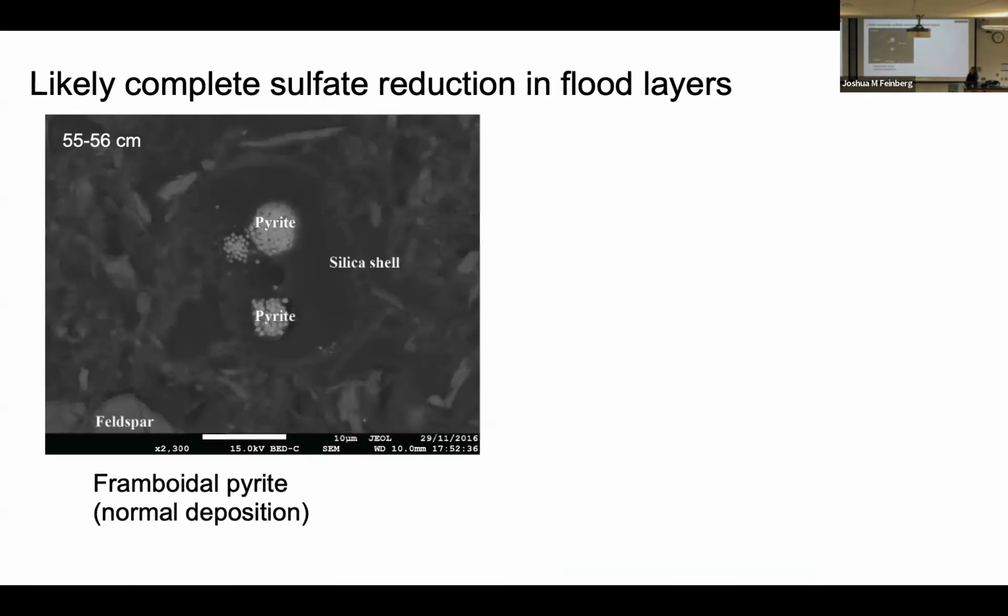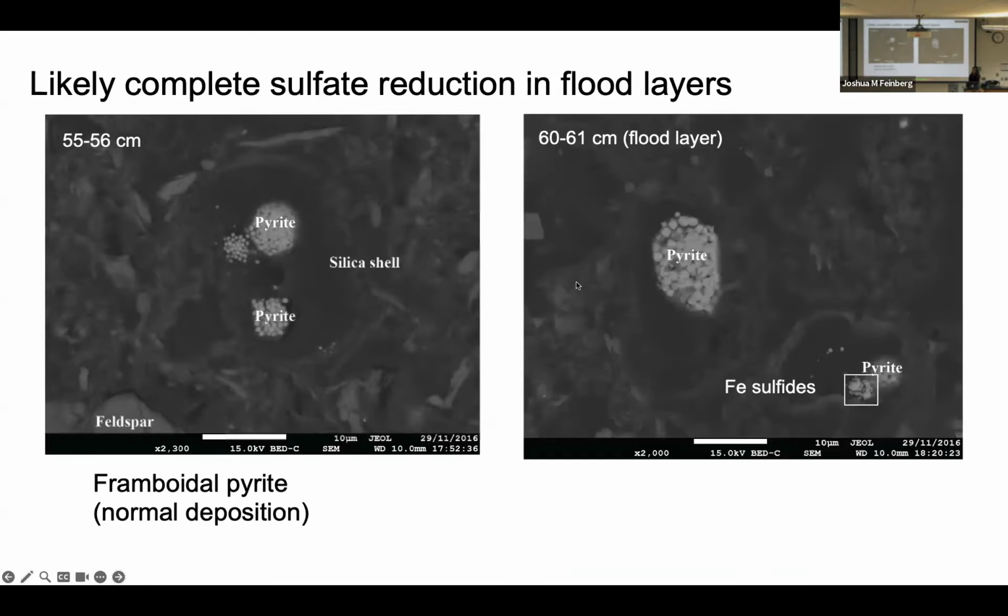But what's more interesting to us is that we're thinking there might be complete sulfate reduction, because there's so much sulfide oxidation going on. Well, we have some evidence, probably implied evidence as well. On the left, you have the framboidal pyrite that I just showed you from the last slide within the diatom. This is from a normal deposition. On the right, you have a flat layer. This is also some diatom shell, and you have very small grain sizes of iron sulfides compared to normal pyrite over there.